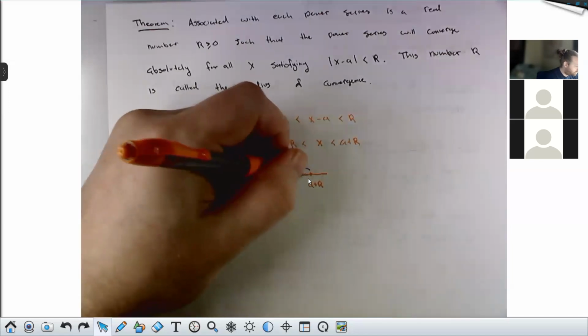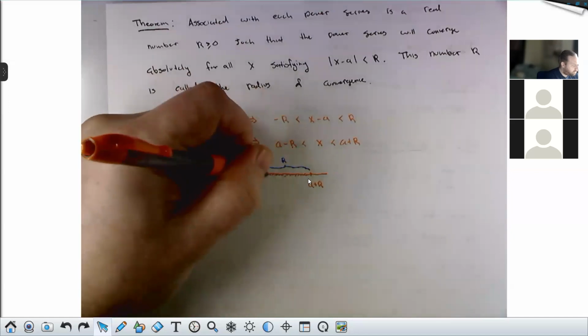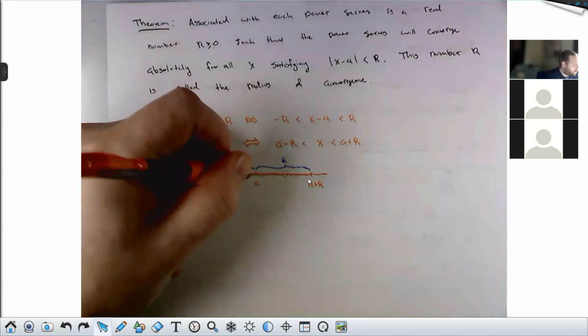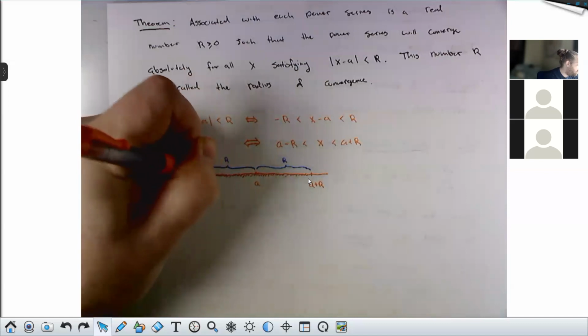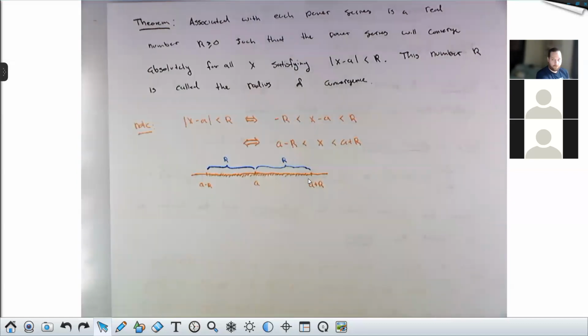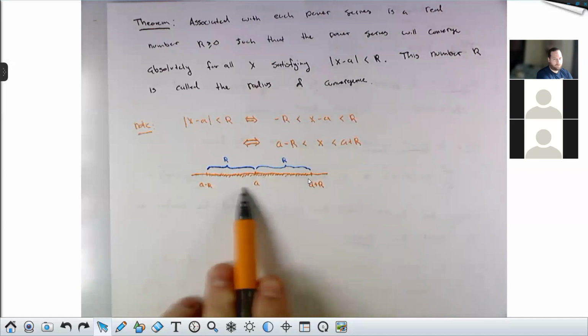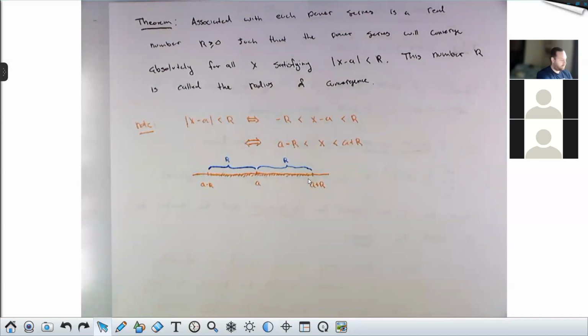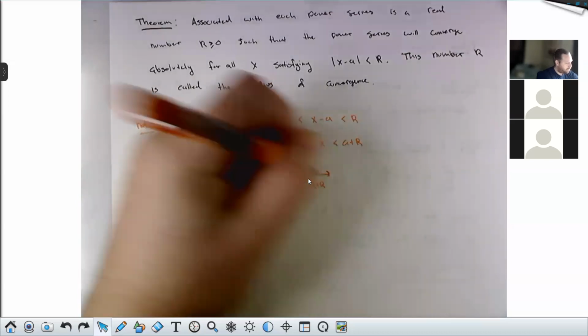So if someone hands you a series and then also hands you this number r, you can be 100% confident that your series will converge absolutely for any x value plucked from this open interval. All right, and this is an open interval right now.